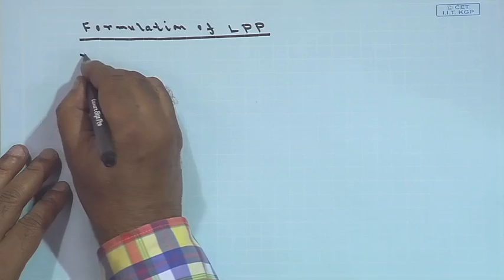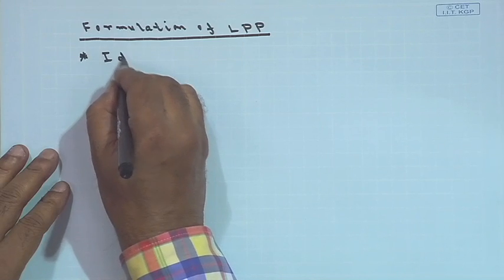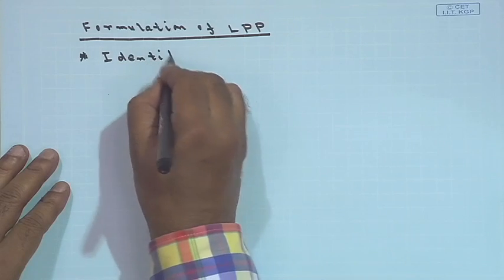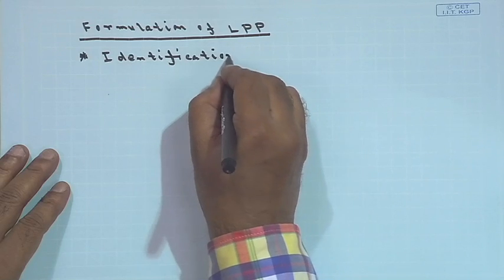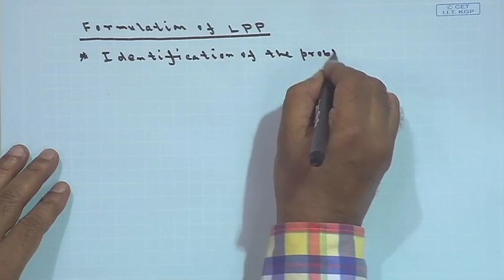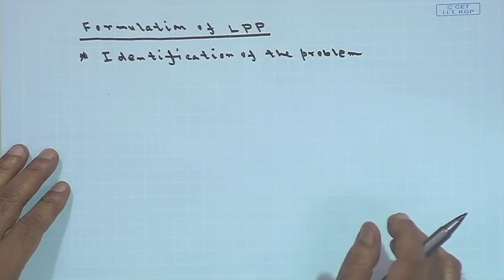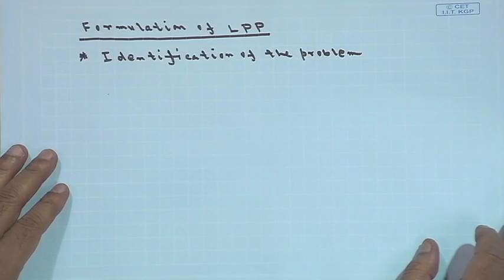The decision making problem basically consists of certain steps. I am just writing the steps. First is identification of the problem. Basically, you have to understand what the problem is, because if your understanding is wrong, then the formulation of the model will always be wrong.